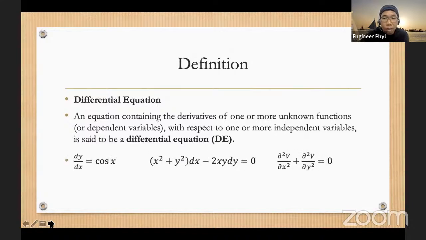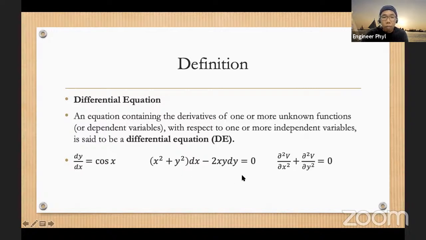So we have here three examples of a differential equation. The first example is dy over dx equals cosine of x. This is a differential equation since it contains a derivative in it.